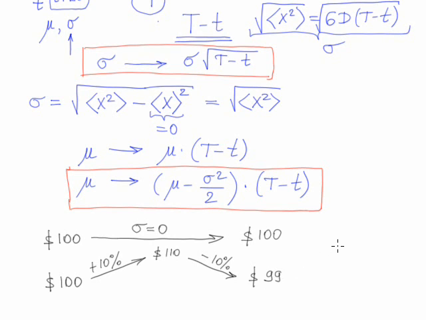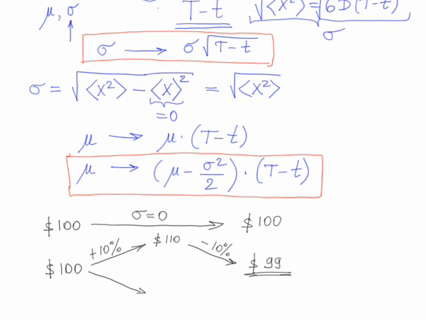So the stock grew by 10%, then went down by 10%, and intuitively the price should not change, but in fact it changes and goes down by $1.